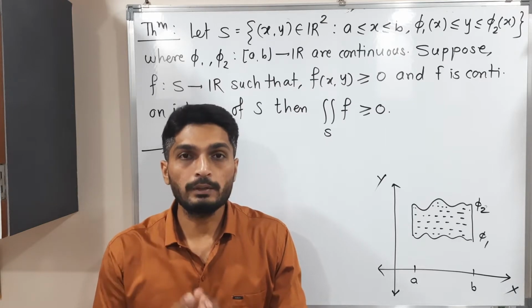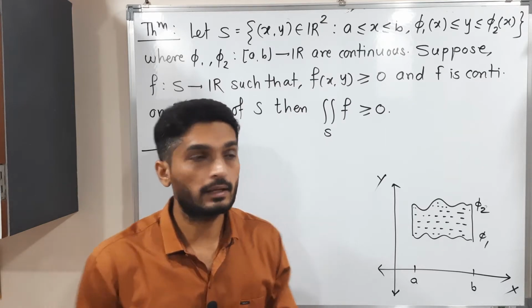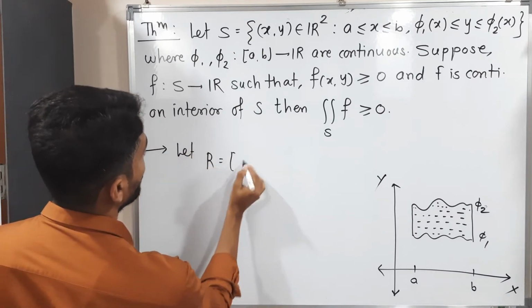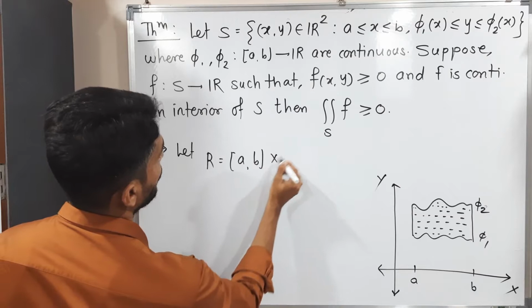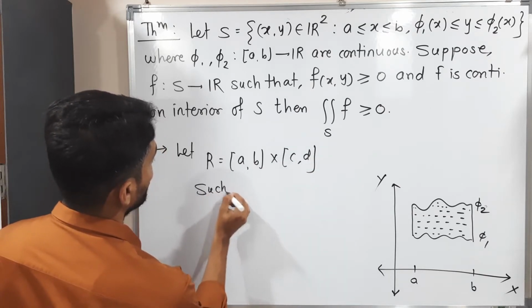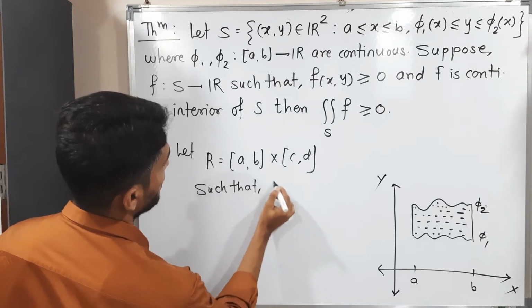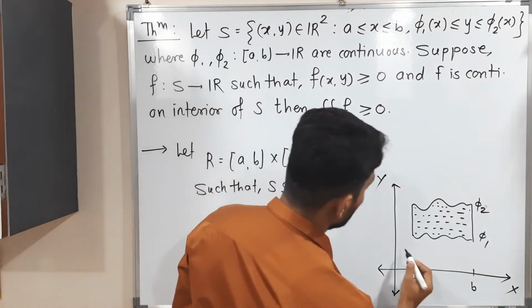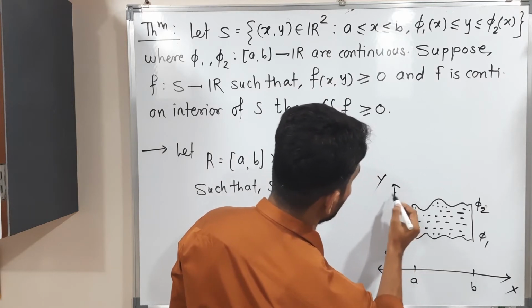So what will I do? I'm going to consider a rectangle. Let R be equal to AB cross CD such that region S is a subset of R. I'm going to define a rectangle such that, suppose C is here and D is here.